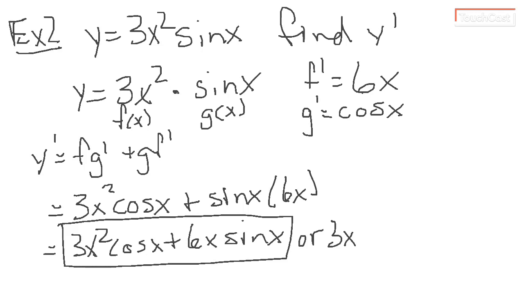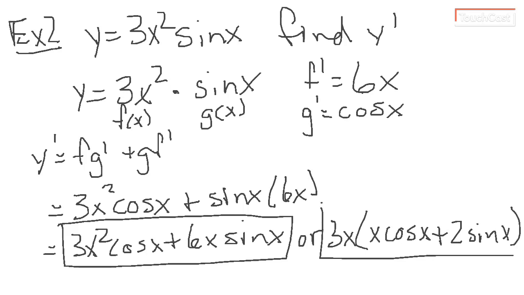We'll bring out a 3x. What we're left with inside, in that first term, if we divided everything by 3x, we'll have an x cosine x, plus if we divide that second term by 3x, we have 2 sine x left. I would take either of those as acceptable answers to finding this derivative.